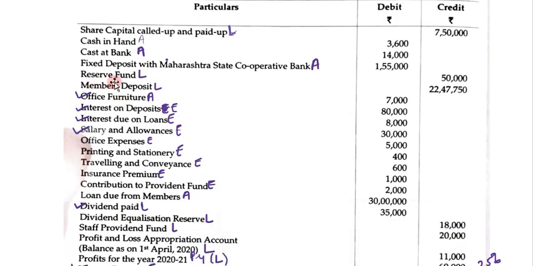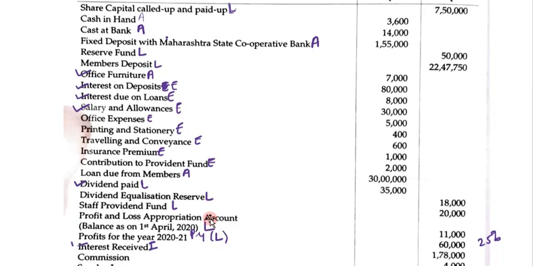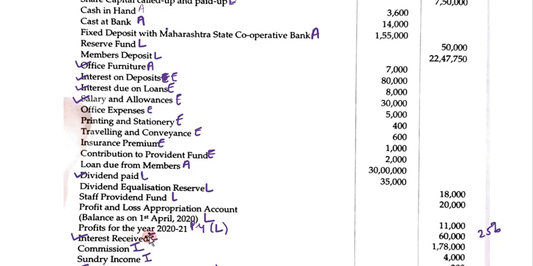Next, reserve fund. Reserve fund is rupees 50,000. So the reserve fund you will write on the liability side. So under reserve funds and other funds, reserve fund is 50,000. Now in this 50,000, as I said, what is the previous year's profit? The profit for the year 2021 is 60,000.